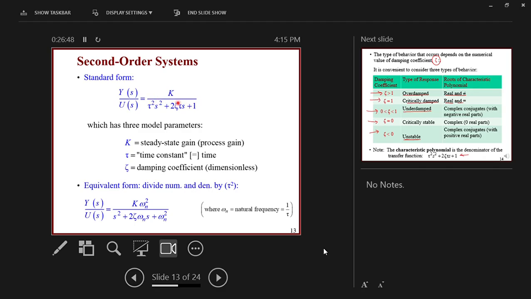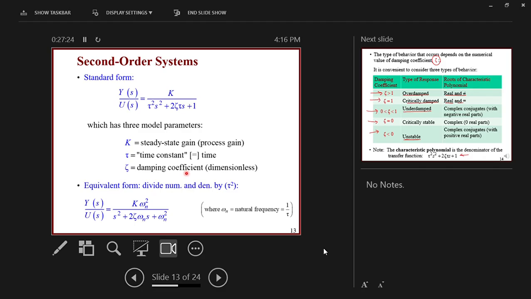So the relation was between the feed flow rate to the first tank, Q in, and the level and the flow rate in the outlet stream of the second tank. And this was a second order polynomial in the denominator, where we have the tau and zeta. The tau is called the time constant, which has units of time, and the zeta, we will call it the damping coefficient, and it's dimensionless.